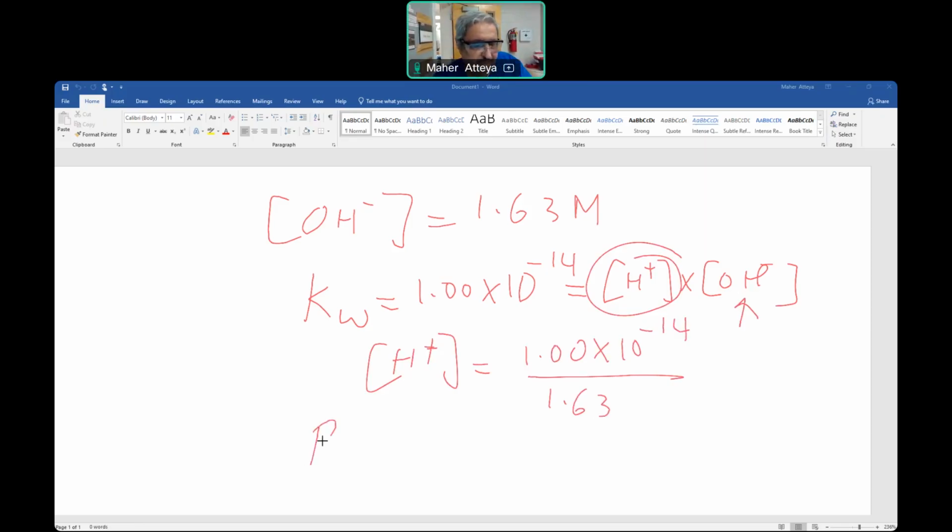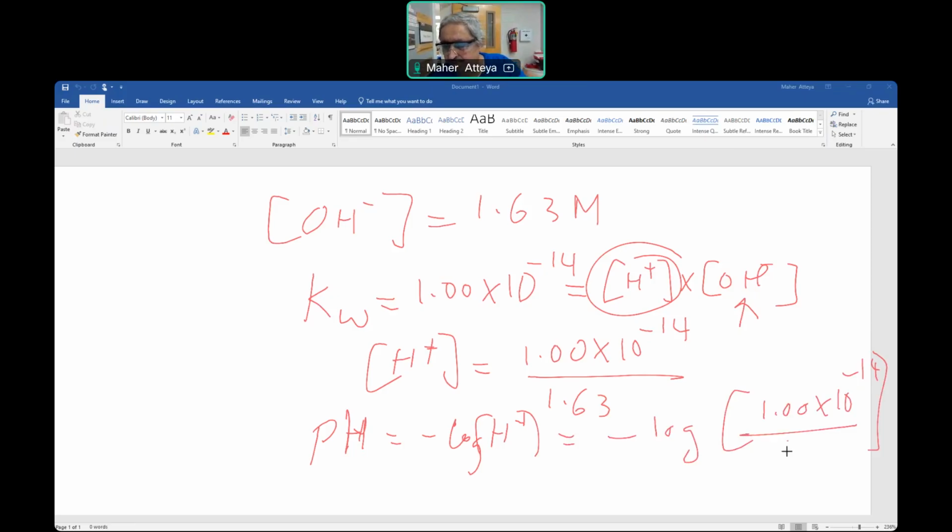And then the pH is minus log the H plus, which is minus log the value of 1.0 times 10 to the minus 14 divided by 1.63. That would be the pH value, correct?